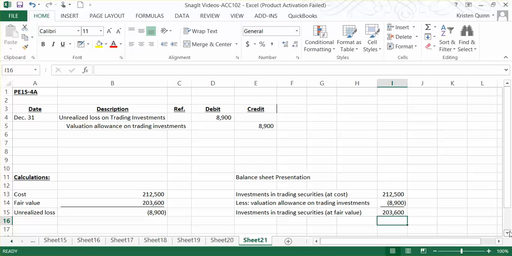This gives outside readers of our financial statements a nice clear picture on how well our management is doing in terms of doing investments.